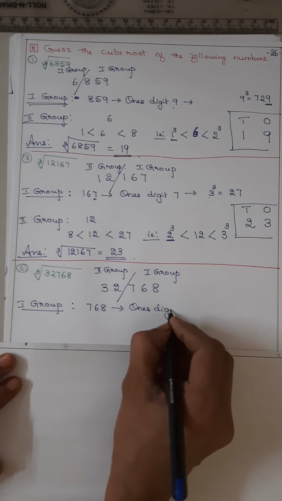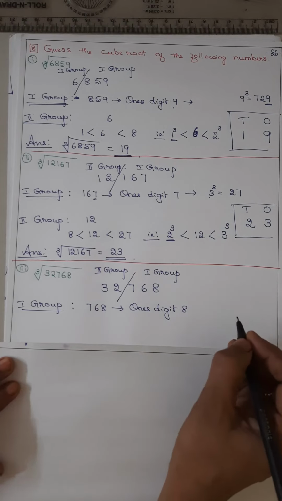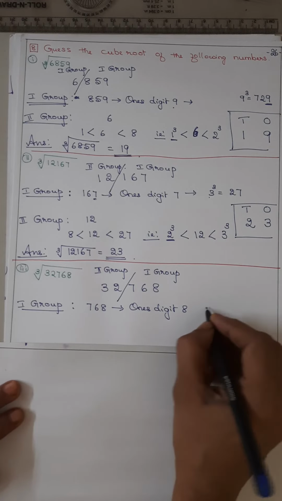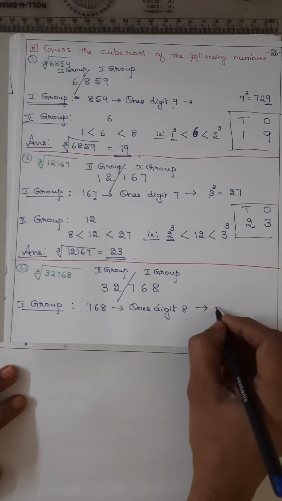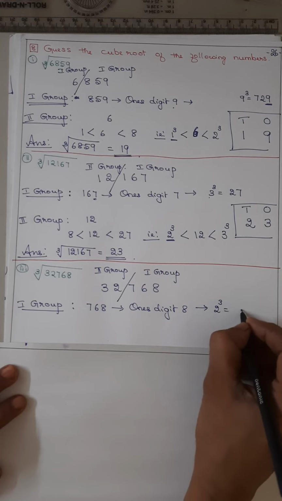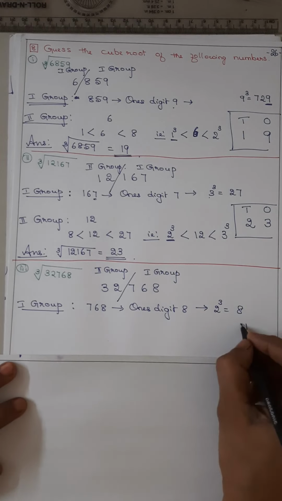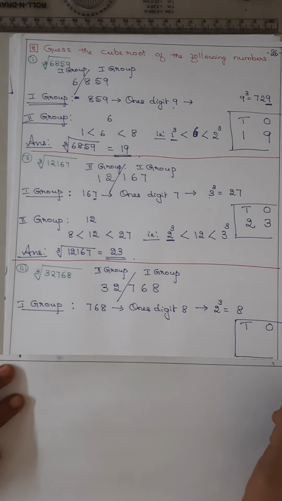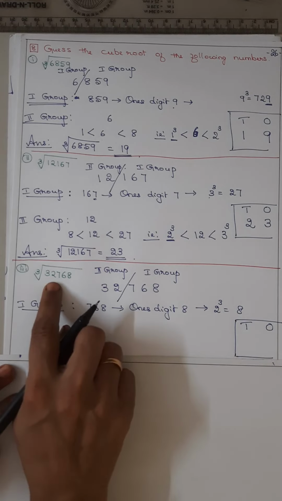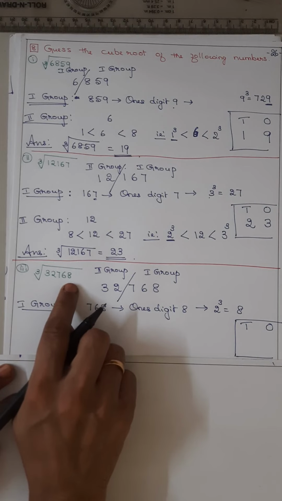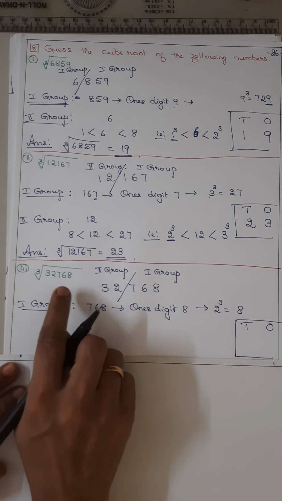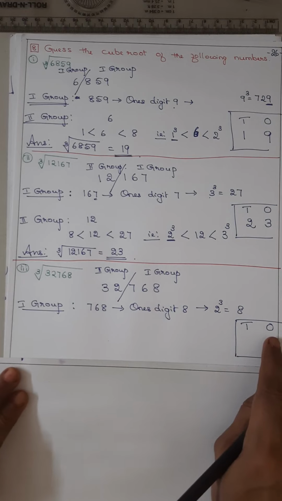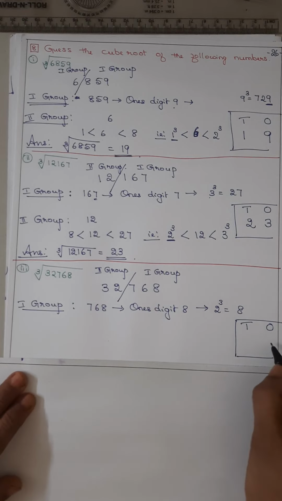It is 8. 8 किसका क्यूब है? 2 क्यूब। सो इसका मतलब जो भी क्यूब रूट ऑफ 32768 has got 8 in the ones place. सो आंसर क्यूब रूट में वंस के प्लेस में आएगा 2.